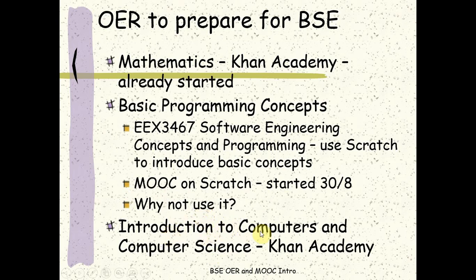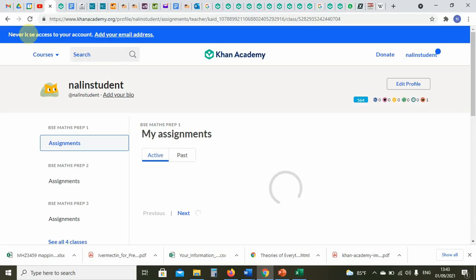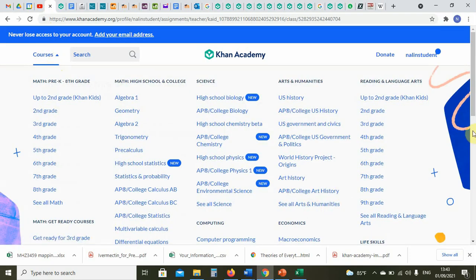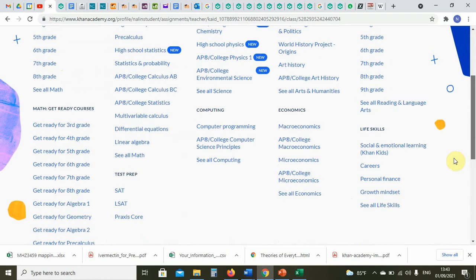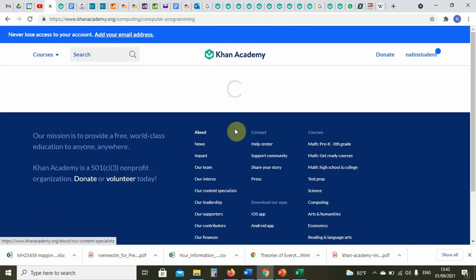Similarly, there is also material introducing computers and computer science on the Khan Academy, and especially computer programming, and we are going to recommend that you follow those sections as well through the same mechanism that we are doing the mathematics. To follow Khan Academy courses on computer programming.